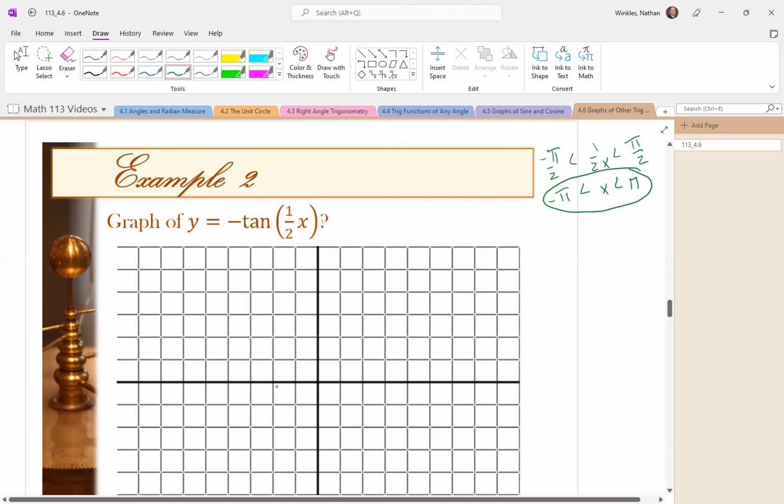So if I just identify this as minus pi, and this is pi, that means that my asymptotes are in these spots right here.